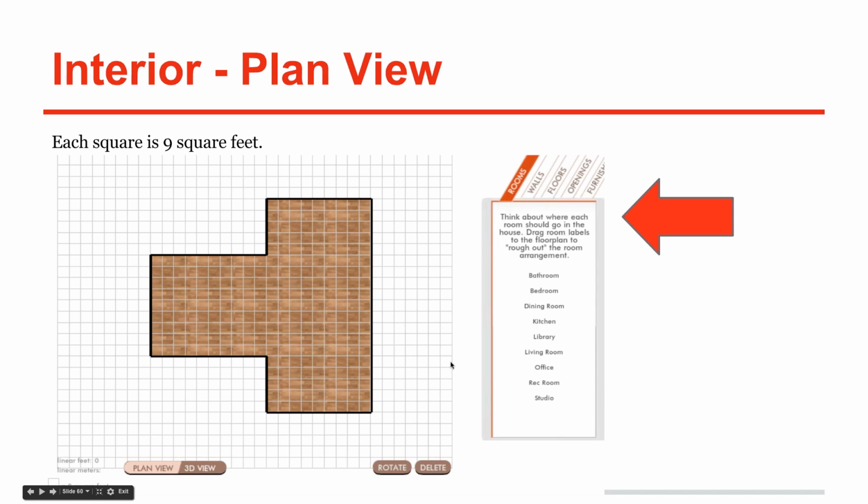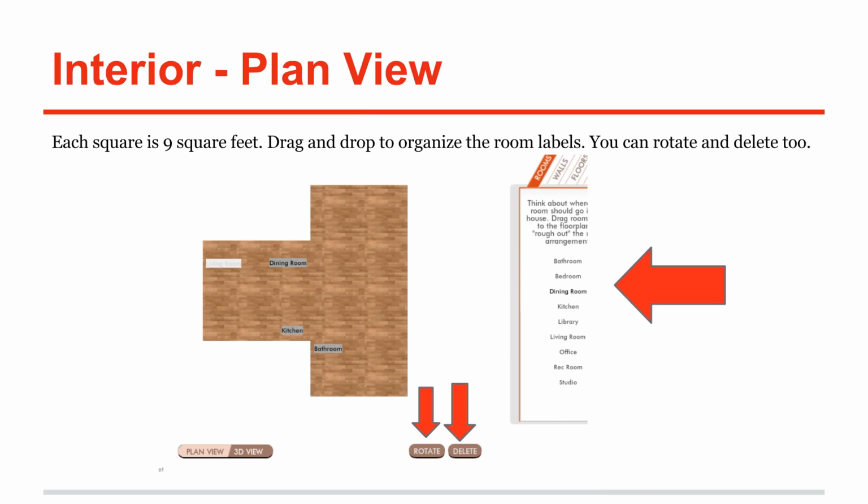You can move this in different directions. The only difference in the light version is you don't have the 3D view. All right, and we'll go into that more. You'll use this tab off to the right to build, draw, and design your building.